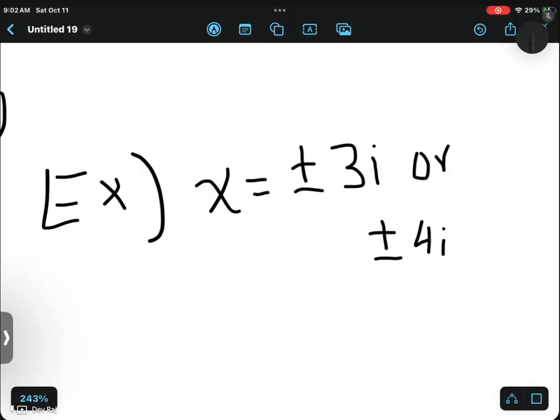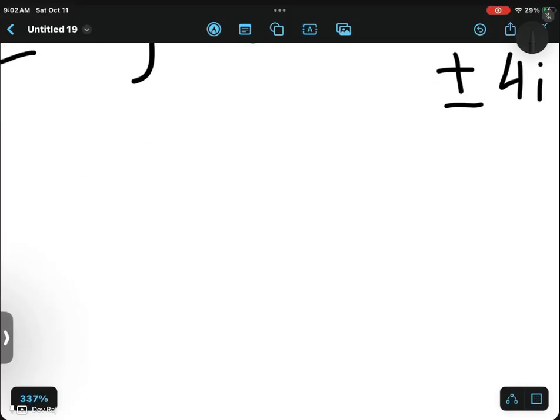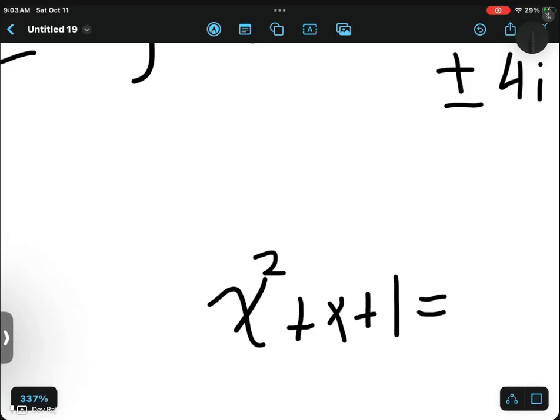Let me give you one of the problems. Complex solutions I don't think are factorable, so you have to use the quadratic formula. As an example, let's do x squared plus x plus 1 equals 0, right?